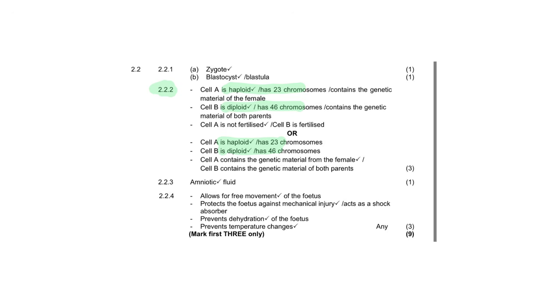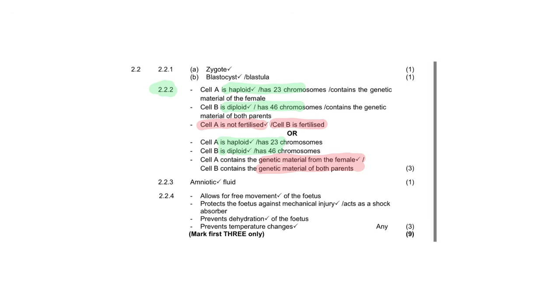In the first option, you could have said A is not fertilized and B is fertilized. You'll see that it only gets you 1 mark to say that. Or you could have said that A contains the genetic information from the female, whereas B contains from both parents. So do you see you could have gone 2 alternative routes? Both of them award you marks for the chromosome number, but the third and final elusive mark is more about whether you were spatially aware in the picture and you were aware of what was happening in the rest of it.